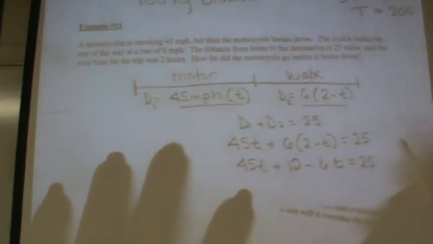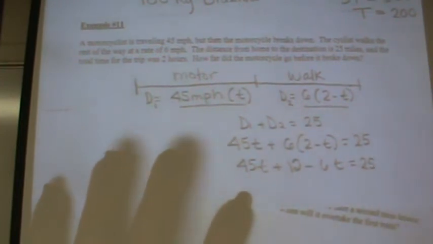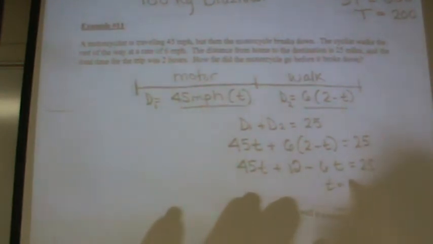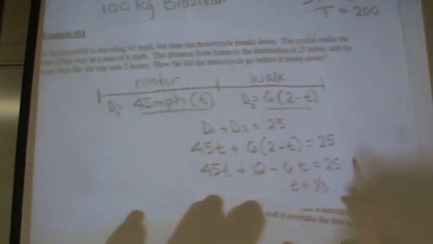So you subtract 12 from both sides, 39T equals 13. And so what do you get for an answer? T equals 1/3. Cool. So now let's interpret.